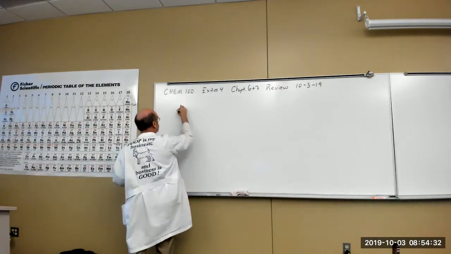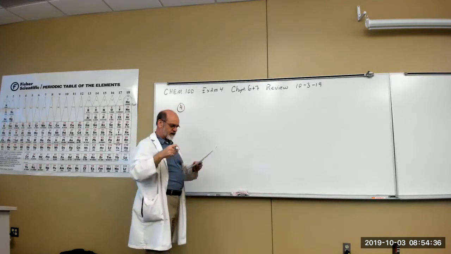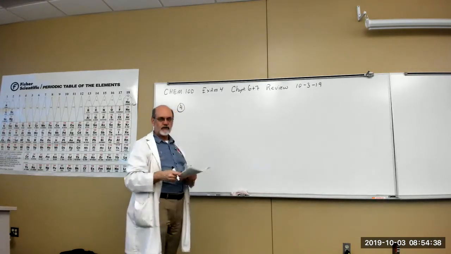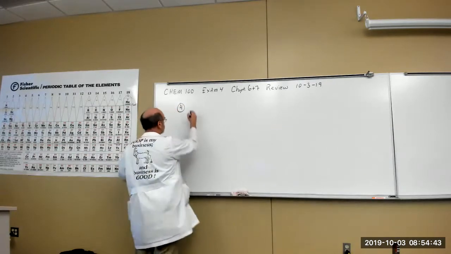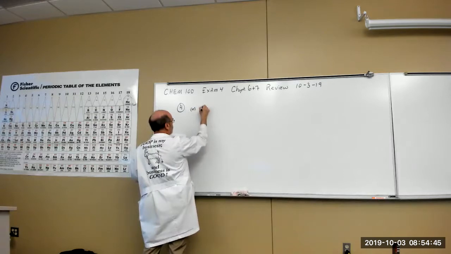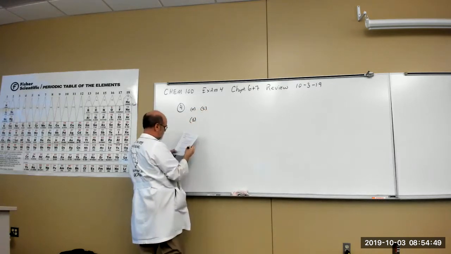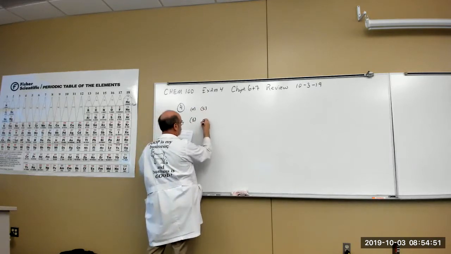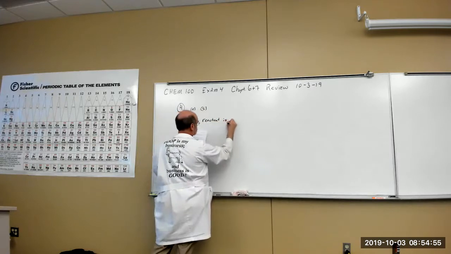Number 4 is all the following are clues that a chemical reaction has taken place, except, so you're looking for the one that's not a clue to a reaction. So we have A, solid forms. B choice is reactant is smaller.